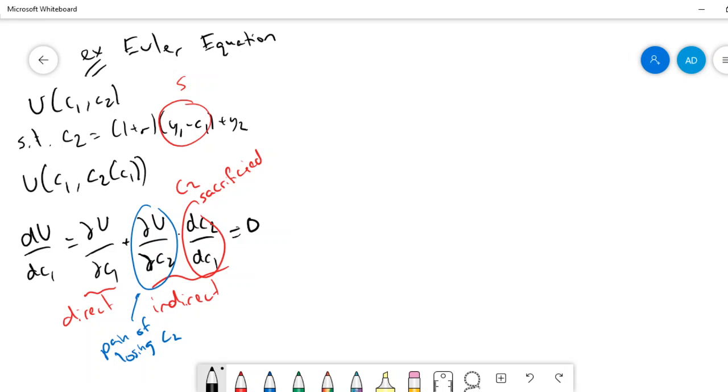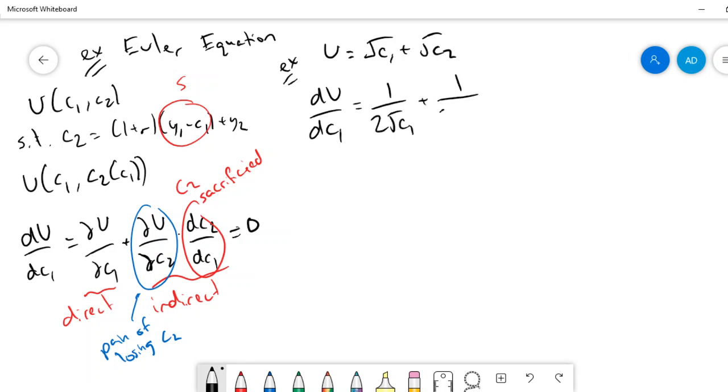Let's make that a little bit concrete with some examples. So if I think about my utility function as looking something like this, we can differentiate, and if I differentiate, I get something like this. So here I've done two things.